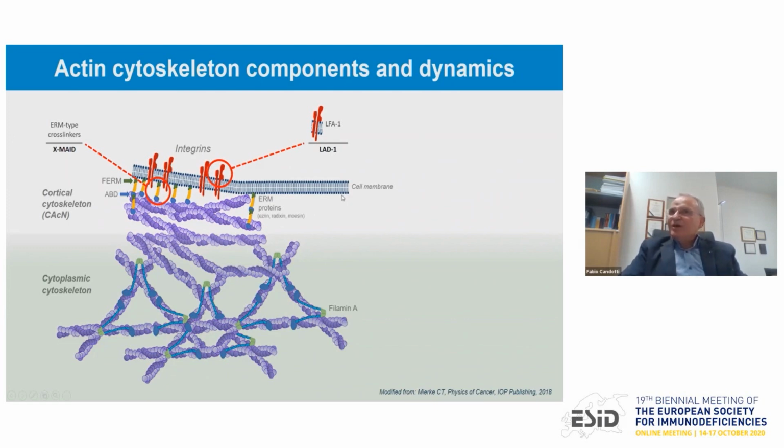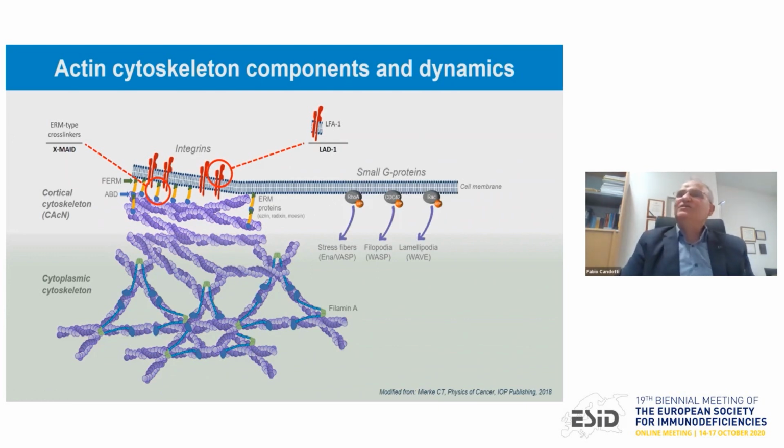To keep talking about the membrane location and its relevance to the effects of the actin cytoskeleton, it is important to notice that a series of very important players that regulate the actin cytoskeleton reside at the level of the membrane, and these players are the small G protein family, RHO, CDC42, and RAC.